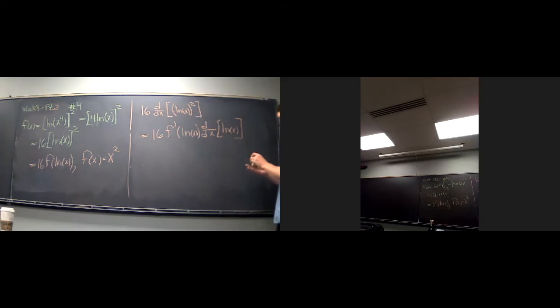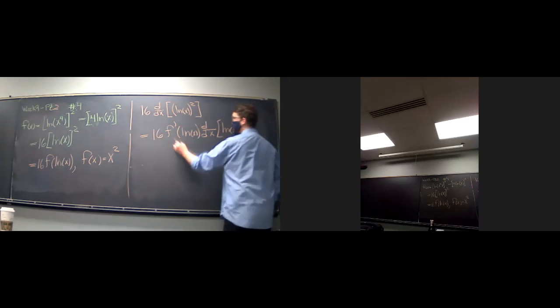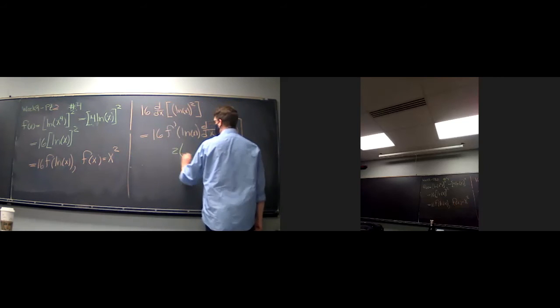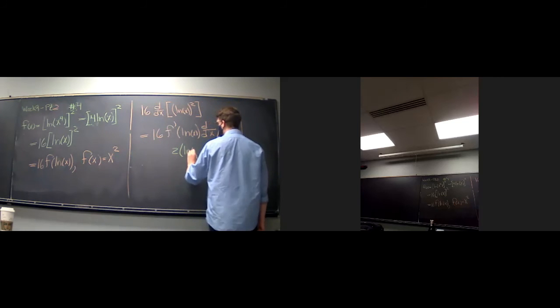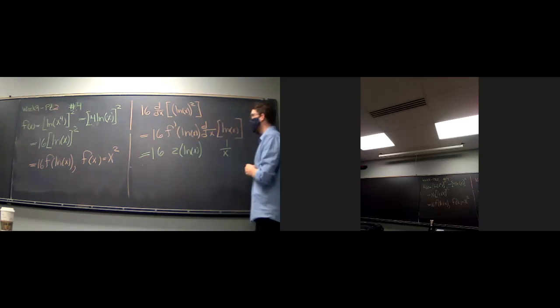This is going to come out to be 1 over x. The derivative of our function is 2x, right? So this is going to be 2 times the ln of x, all times 16. So altogether, we get 32 ln of x over x.